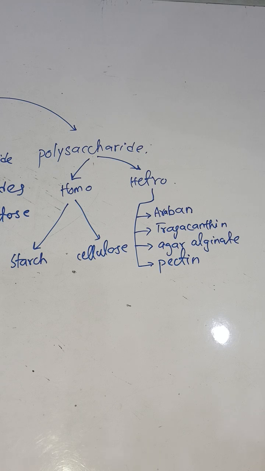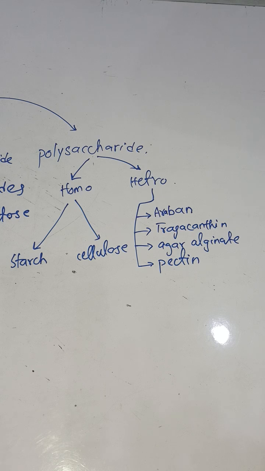They have fructose, galactose, and every kind of sugar can be included, not only a single type of sugar. It can have different ones. So these are the ways that we can classify sugars.